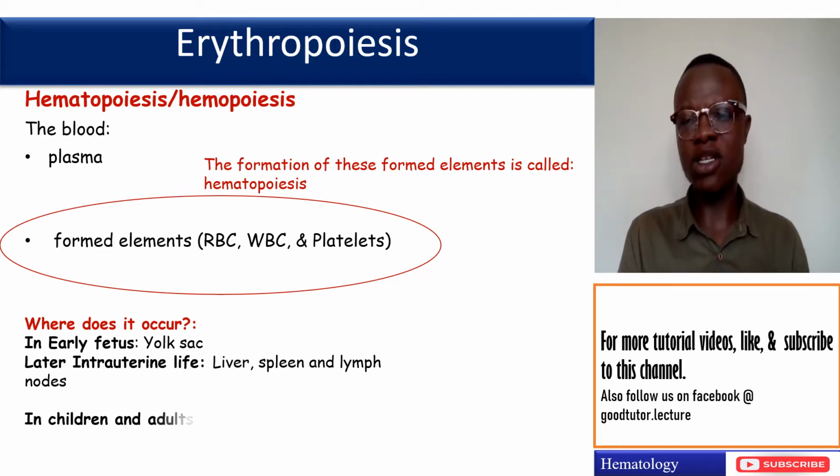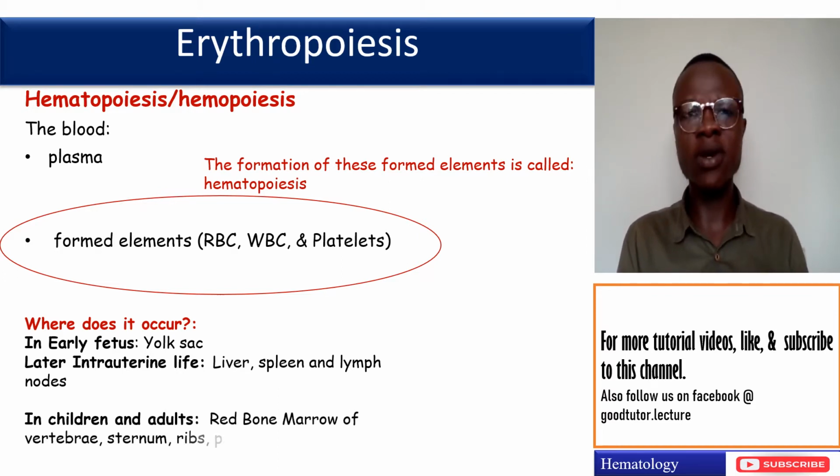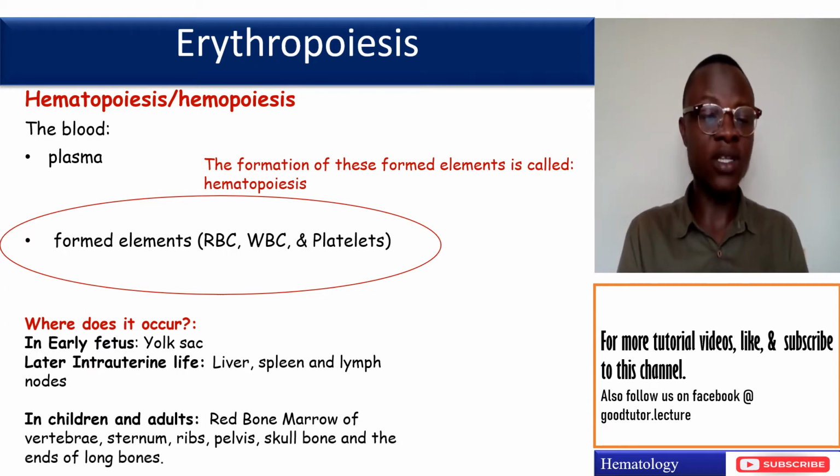Lastly, in adults and children, we find hematopoiesis occurring in the red bone marrow of the vertebra, the sternum, the ribs, the pelvic bone, the skull, and the proximal and distal ends of long bones.